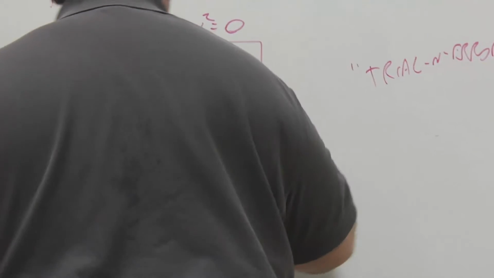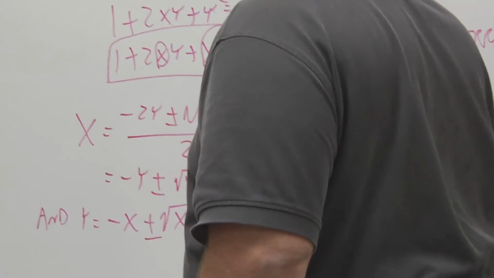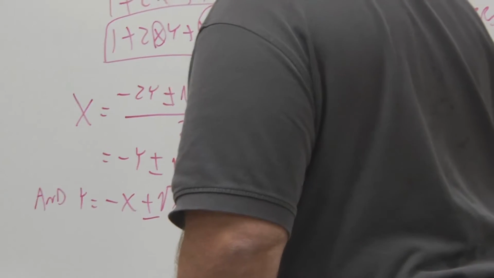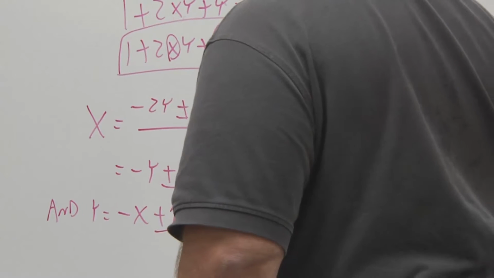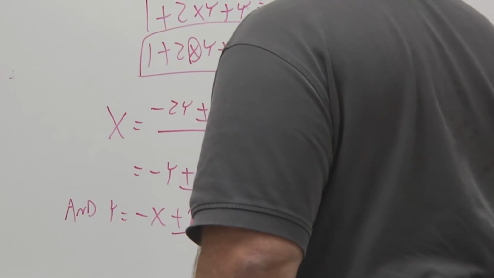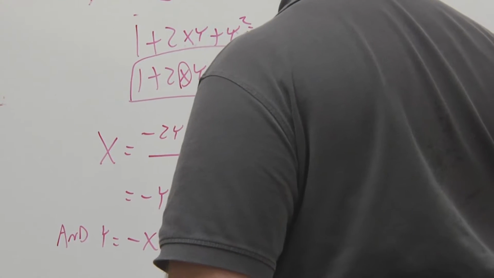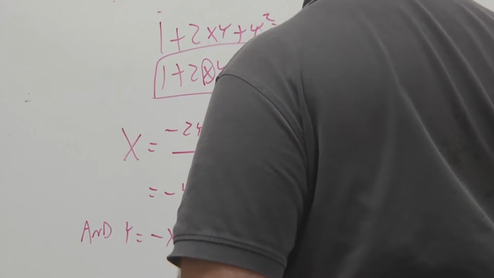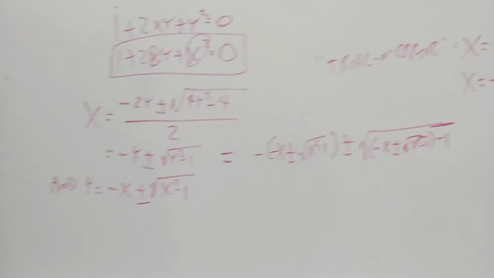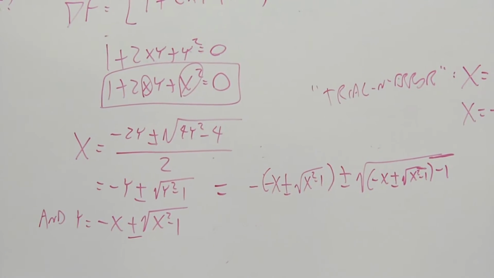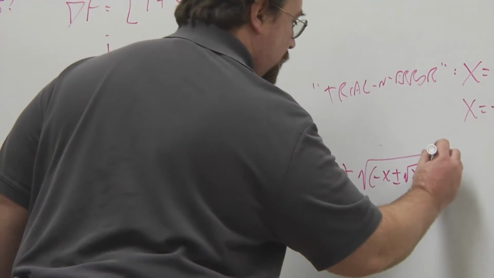So x is equal to minus x plus or minus the square root of x squared minus 1, plus or minus the square root of, to make sure that I have an identity at least. Wait, that's going to be squared.